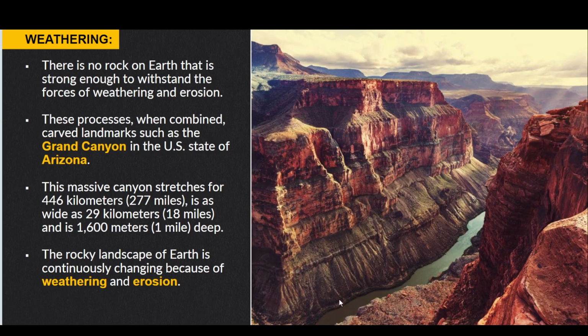Basically, as I explained, weathering can be done by wind, water, ice, right? A canyon is a deep narrow valley with steep sides, and it is carved by the erosive action of a river.